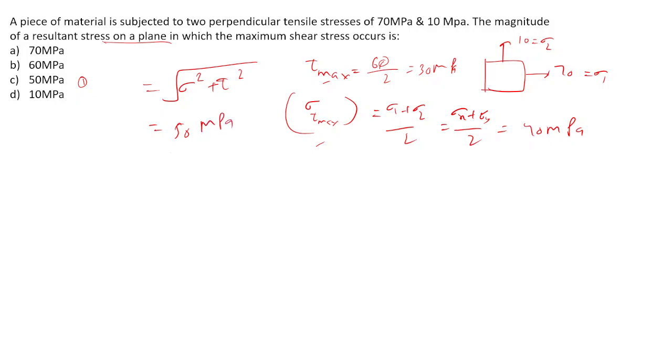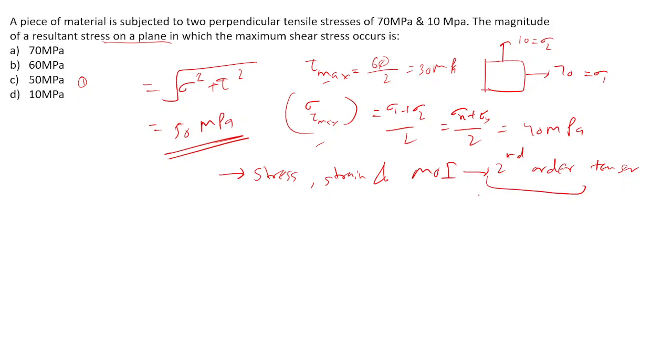Sir, one thing, could you please write down? You told about the tensor, when we should think about vector and stress, strain, and moment of inertia. What are they? Second order tensor. Second order tensor means what? Magnitude plus direction plus plane of action.